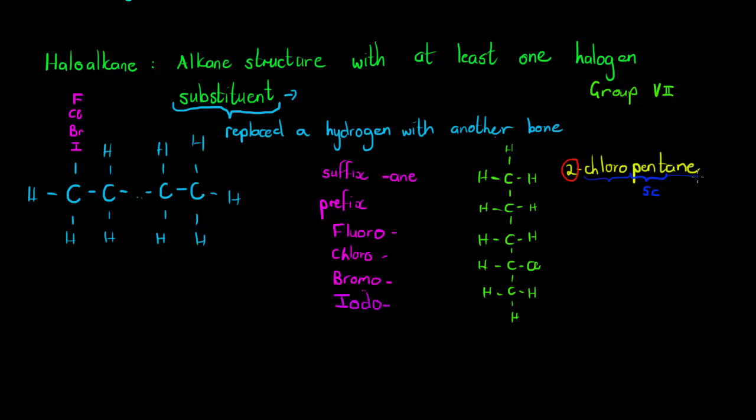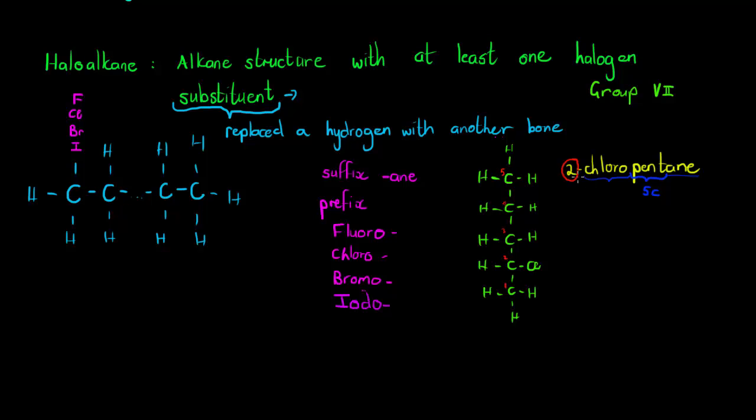Well, in order to name compounds, we need to number the carbon chain. Because this chlorine could have been on any one of the carbons, we will start on the side of the chain that's the closest to the substituent. So this would be number 1, 2, 3, 4, and 5.